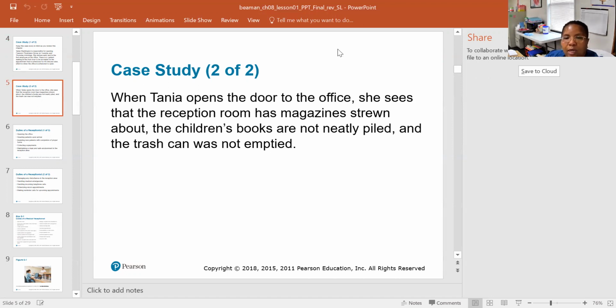When Tania opens the door to the office, she sees the reception room has magazines strewn about, the children's books are not neatly piled, and the trash bag was not emptied.